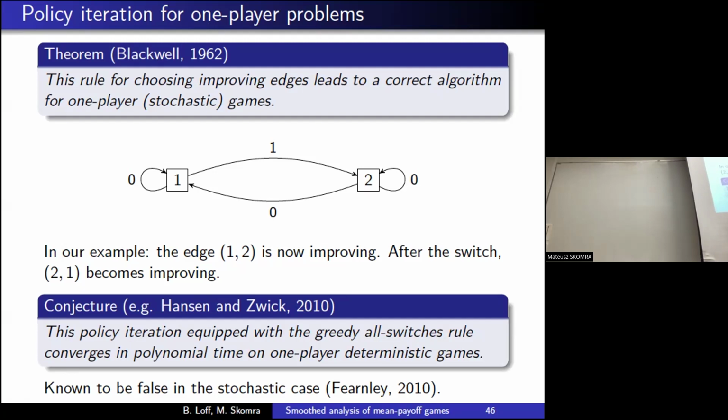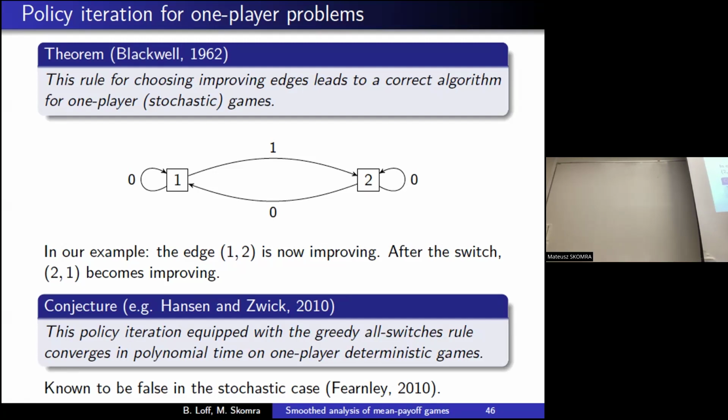But now we are at this vertex, what happens? My current value is 0. My neighbor's value is also 0. My second part of the vector is 0 because it's still 0 plus 0. But if I go here, I get 0 plus the Blackwell bias here. But what is the Blackwell bias here?